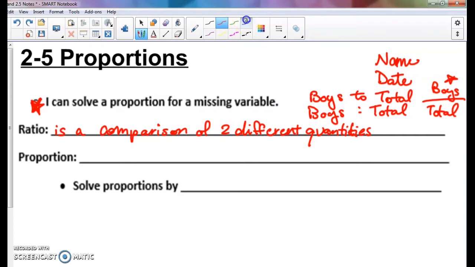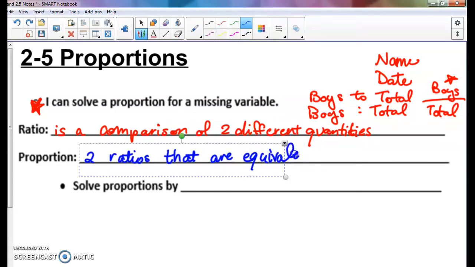So a proportion then is 2 ratios that are equivalent. With them being equivalent, that just means that they can be equal to each other.